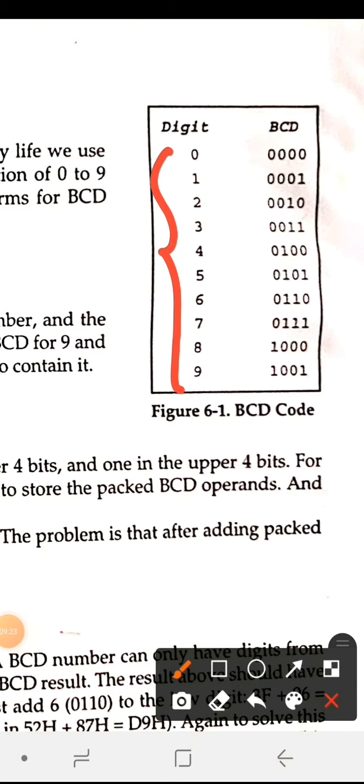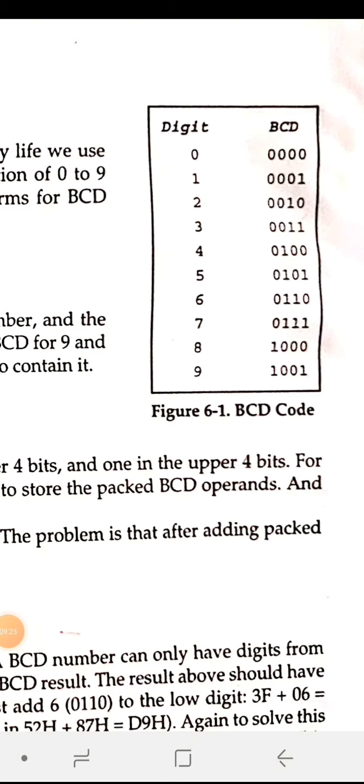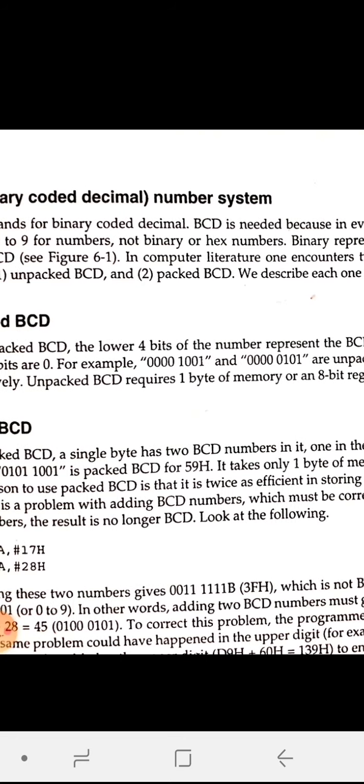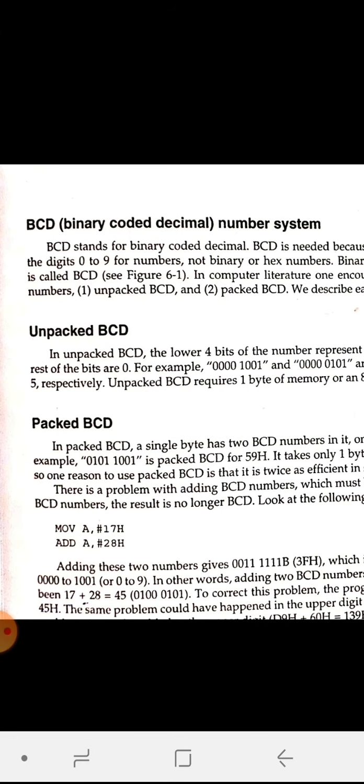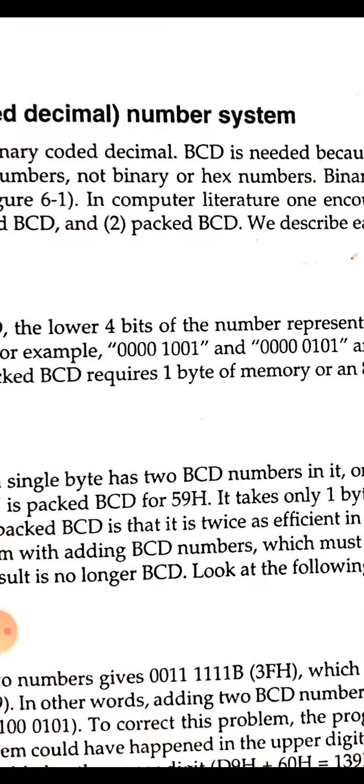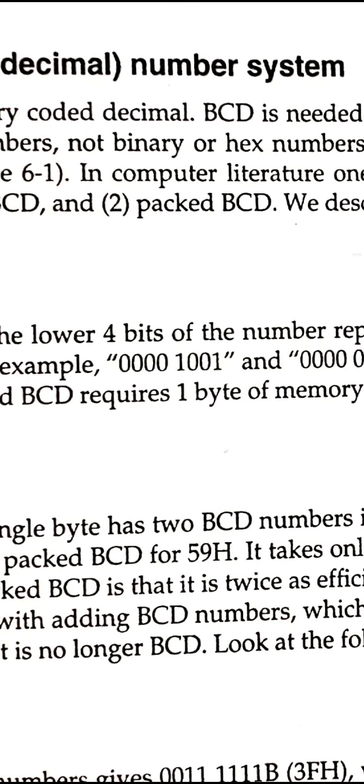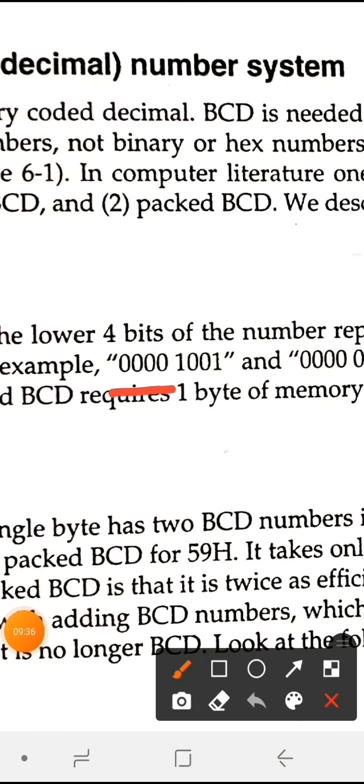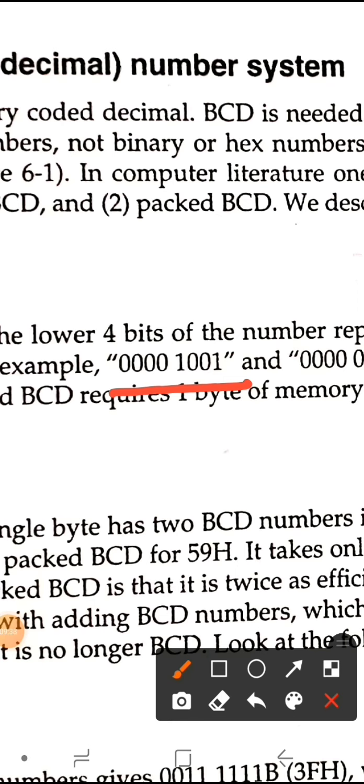When we say binary coded decimal, there are two kinds of BCD. One is unpacked BCD and the other is packed BCD. For example, if you take this number, 0000 1001, only the lower 4 bits are used to represent the BCD number.